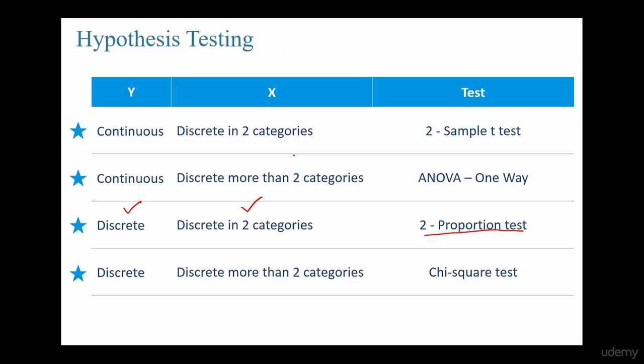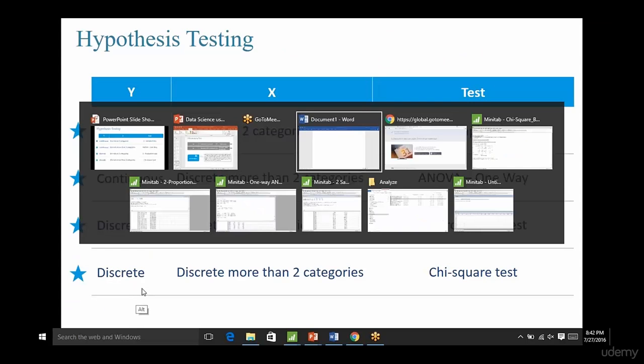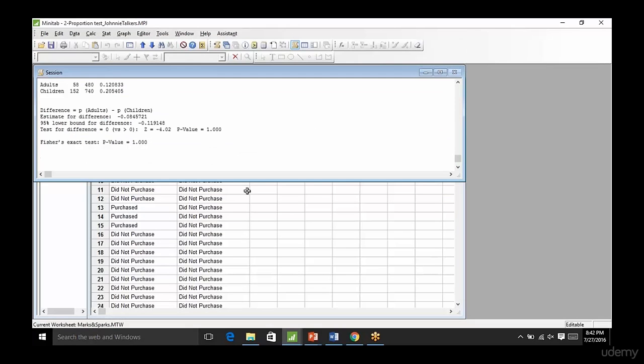If Y is discrete and X is discrete in two categories, you proceed with the two proportion test. Now, let me take you to Minitab and explain all about the two proportion test.